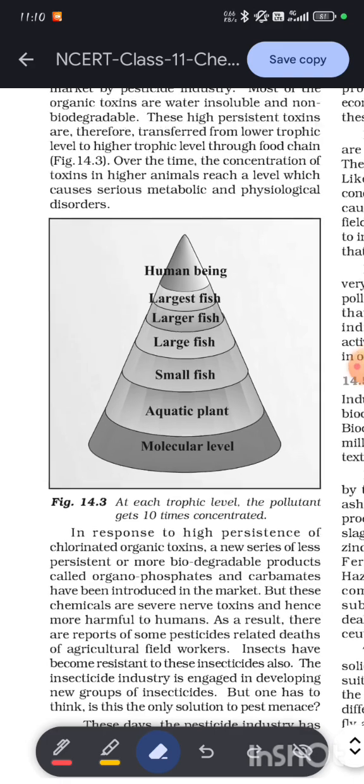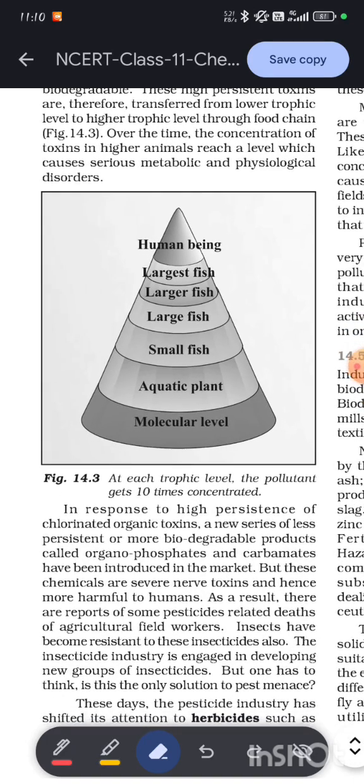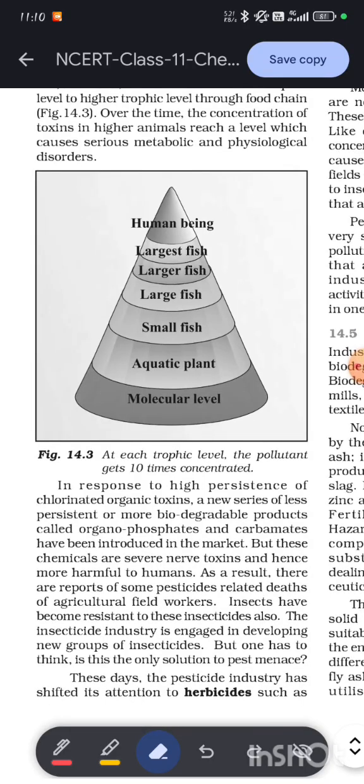In response to the high persistence of chlorinated organic toxins, a new series of less persistent or more biodegradable products called organophosphates and carbamates have been introduced in the market, but these chemicals are severe nerve toxins and hence more harmful to humans.